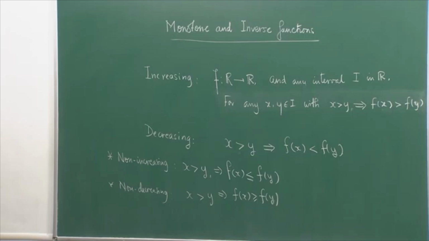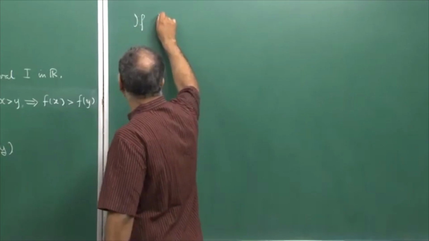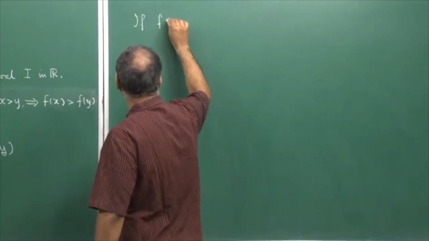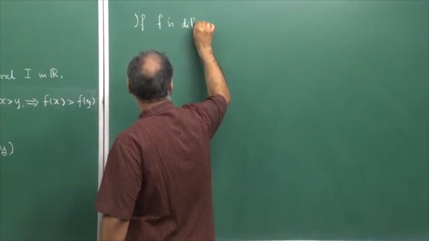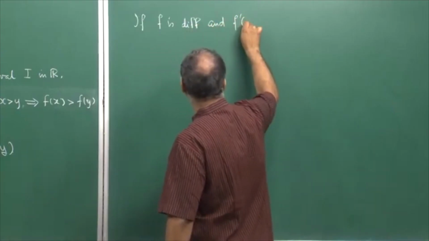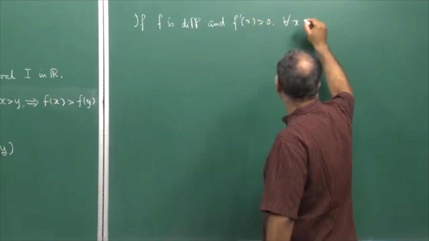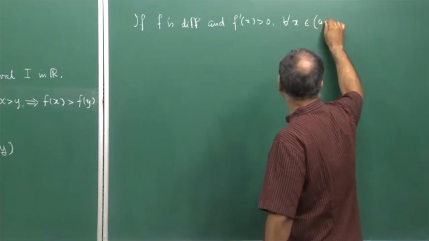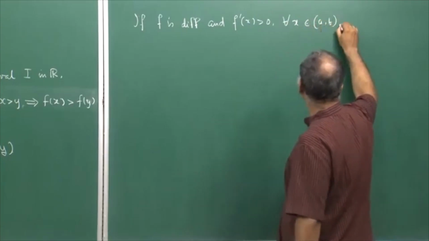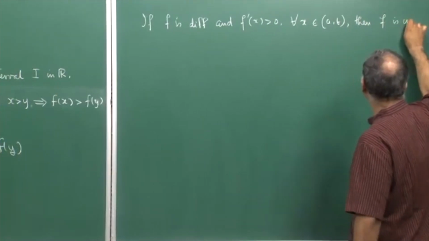So one of the most simple and elegant applications of the mean value theorem is the following: if f is differentiable and f dash x is strictly greater than 0 for all x, say in an interval (a, b), then f is increasing.